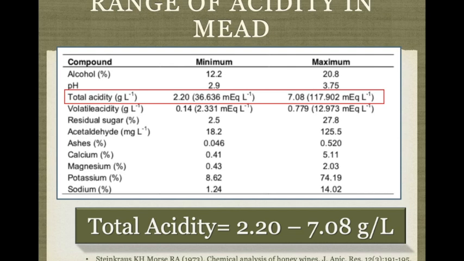That's a huge variation, and that's why it's important to remember that when you're thinking about acid additions, you really should not do it by measurement, so many grams per liter or so many teaspoons per gallon or anything like that, but rather you should determine how much acid you need to add, if you need to add any acid at all, based on taste. And the best way to do that is through tasting trials, which I'll cover a little bit later in this presentation.